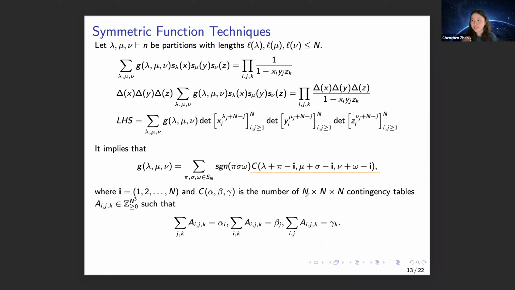You can think of a 3D contingency table as a cube that you fill with non-negative integers so that if you slice it through, it satisfies some marginals: the sum of the first slice is equal to alpha 1, the sum of the second slice is equal to alpha 2, and so on.